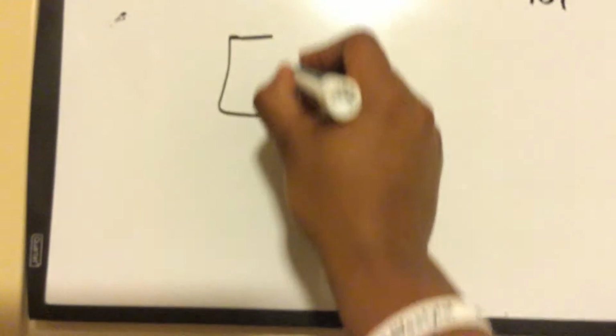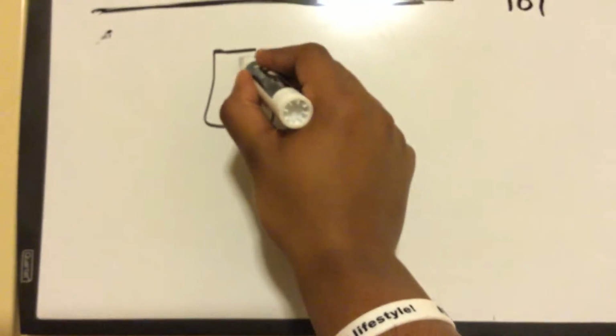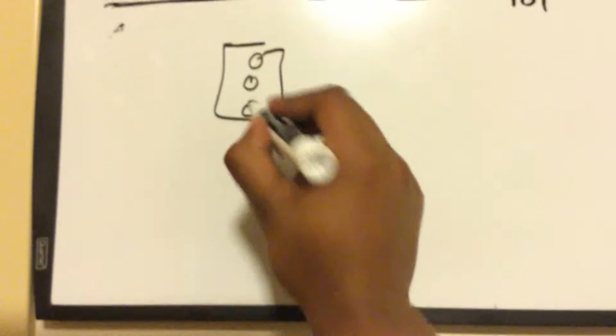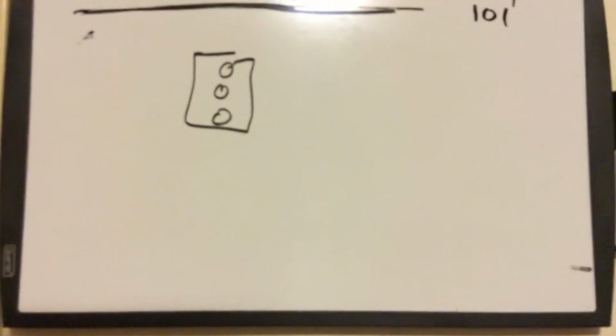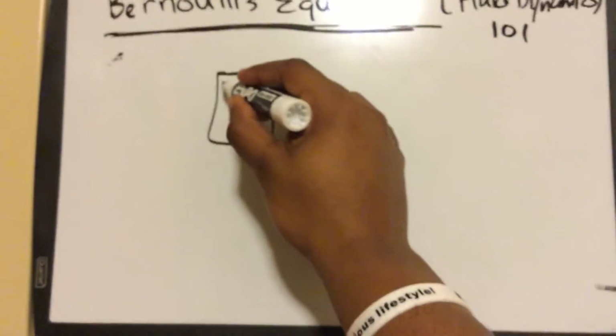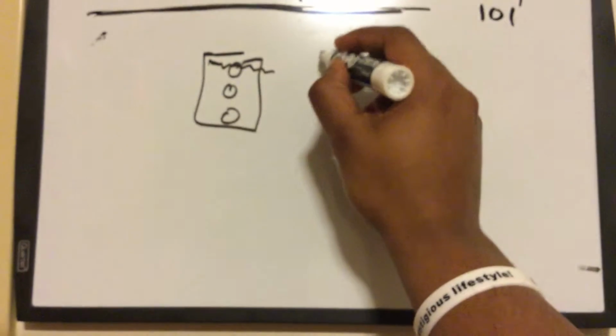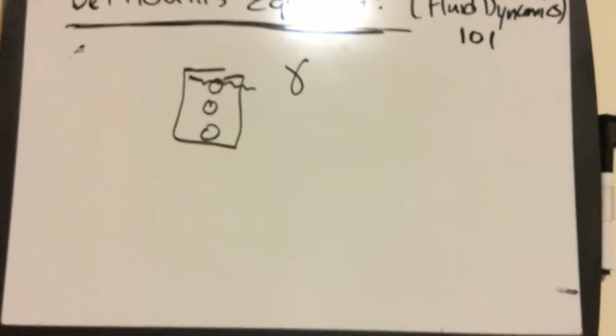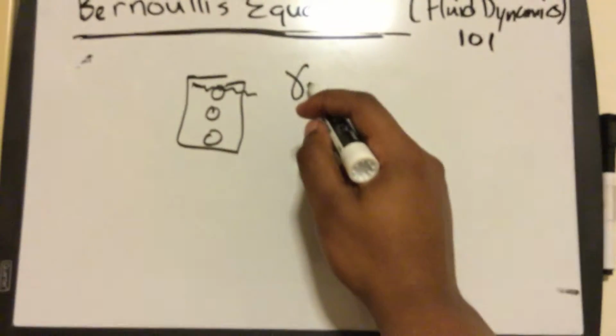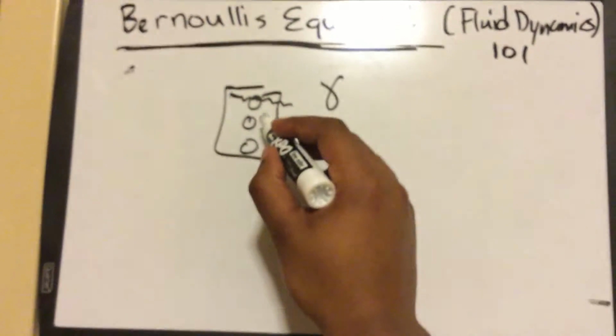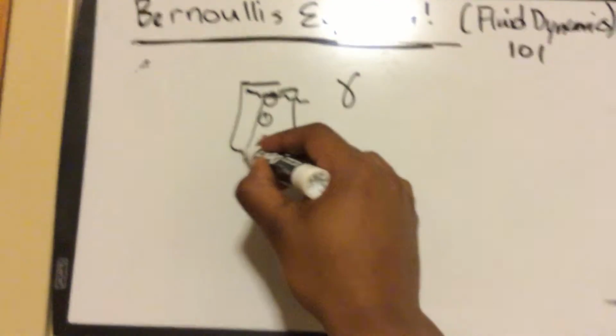So let's say we have a milk carton, right? And I poke 3 holes in the milk carton. The milk has a specific density, or specific gamma. So let's say I put tape over the holes.